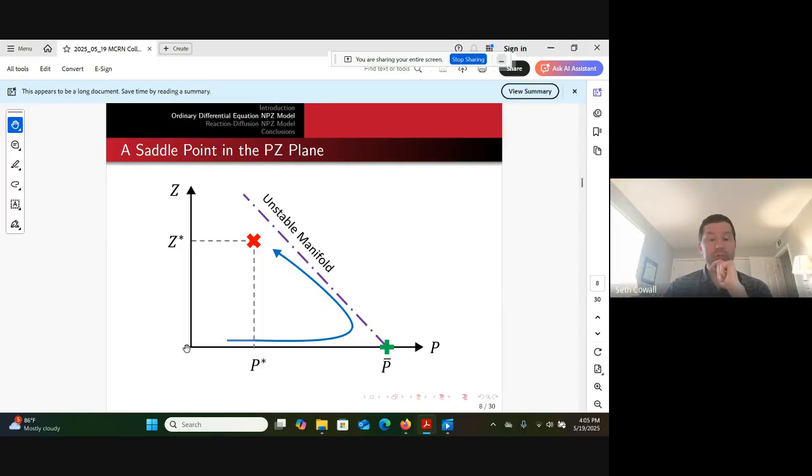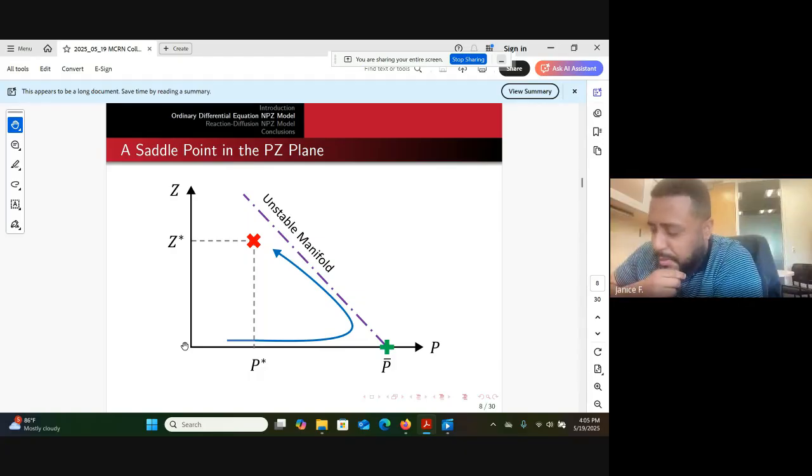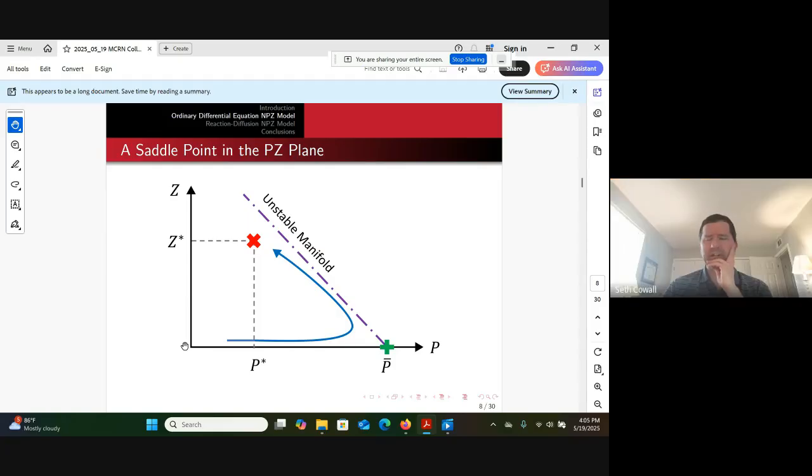The orange. Let's see. Don't remember that one. If you look at the phase portrait, it's been a while.